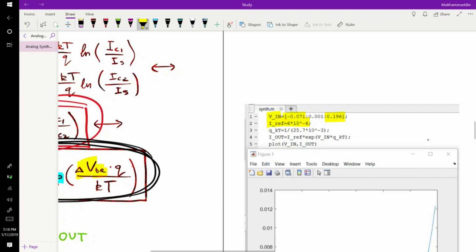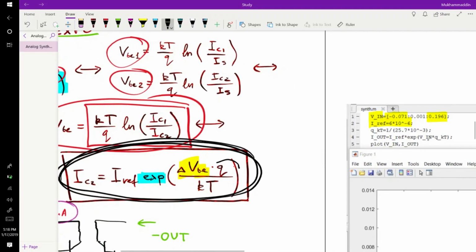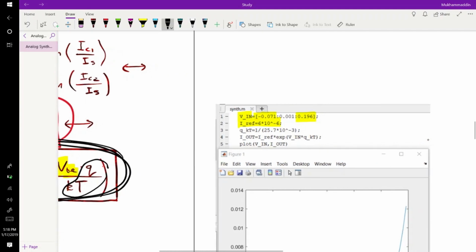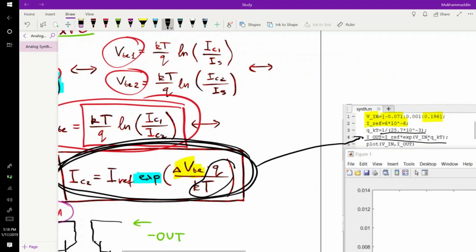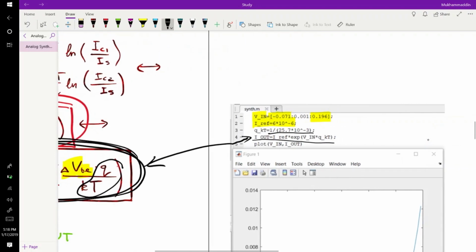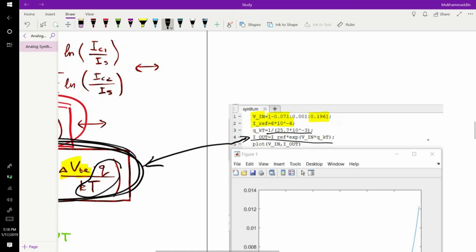Then we have this Q over KT factor, which I just set as a constant. And then we have a formula for I out. I just took this formula, put it into MATLAB, and plotted input voltage and output current.